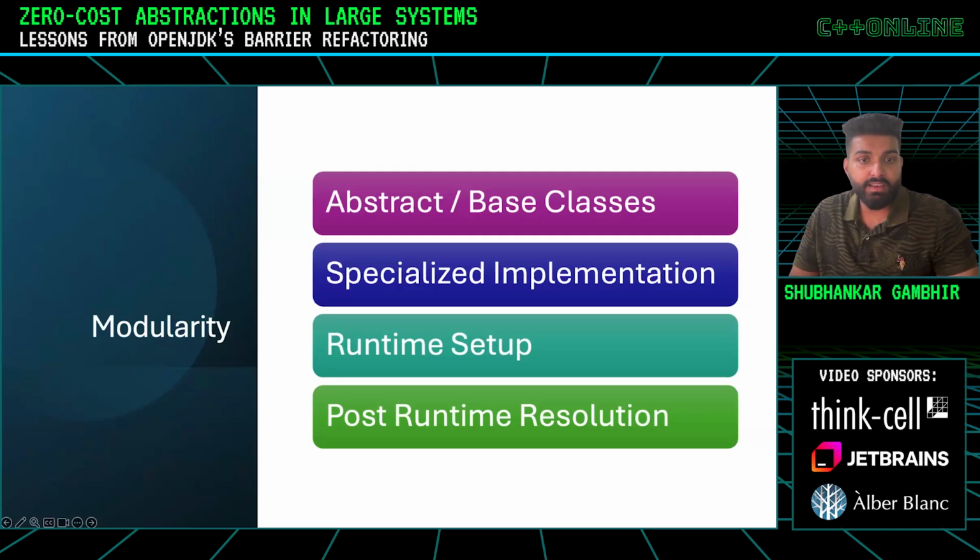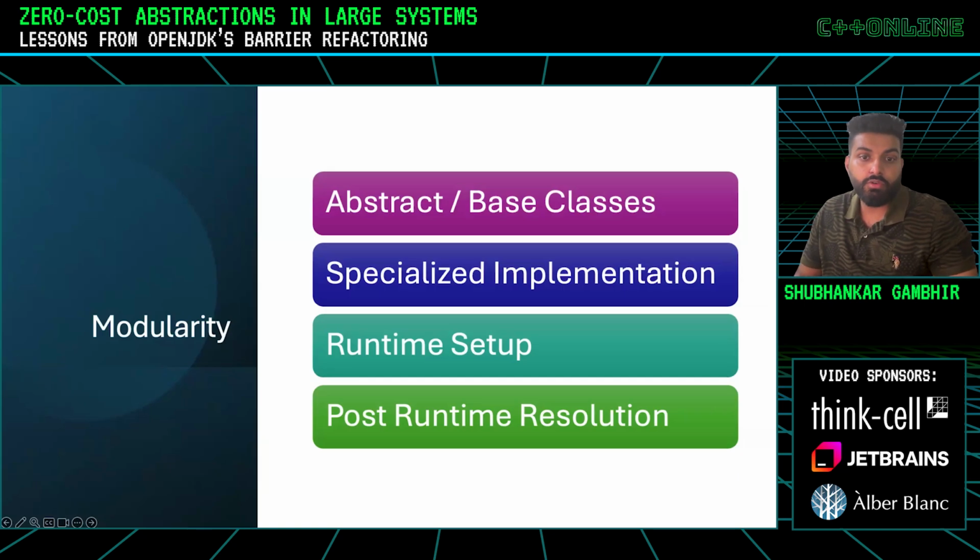So by separating the abstract base classes, which are useful for fulfilling the GC contract, and providing specialized implementations like G1 and ZGC, and using this lazy runtime setup paired with post runtime resolution with X macros and decoupled CRTP, we have successfully decoupled the JVM execution engine from garbage collectors.